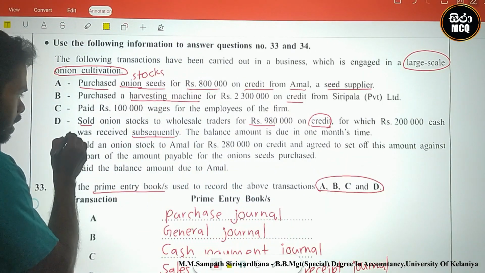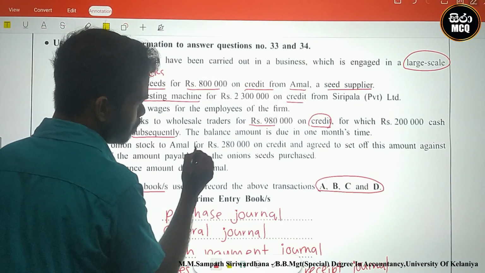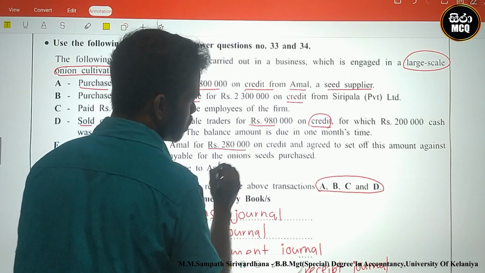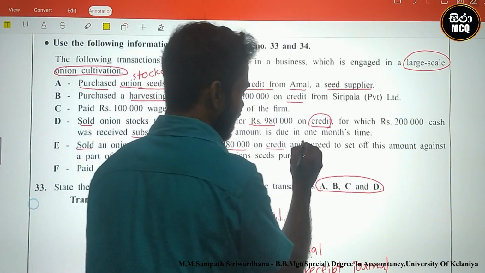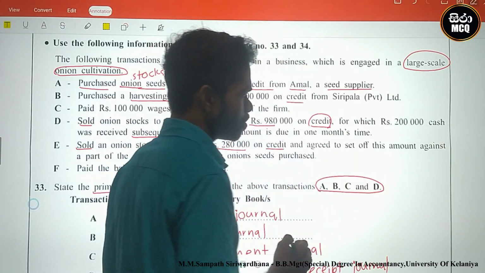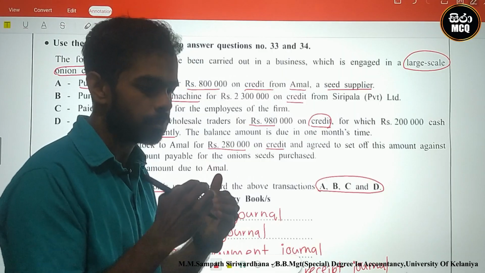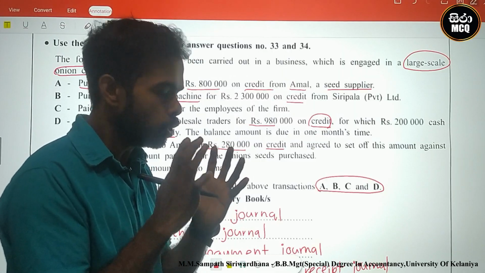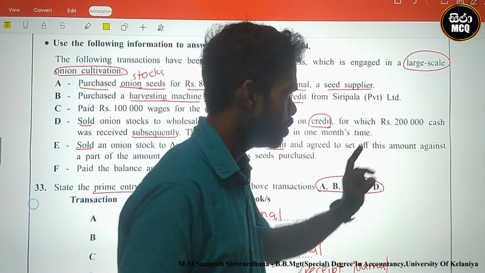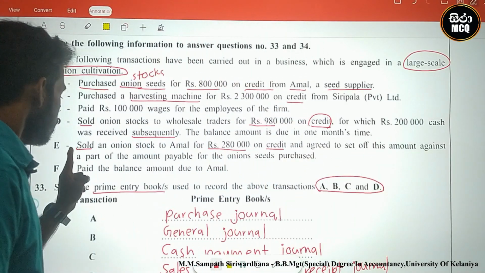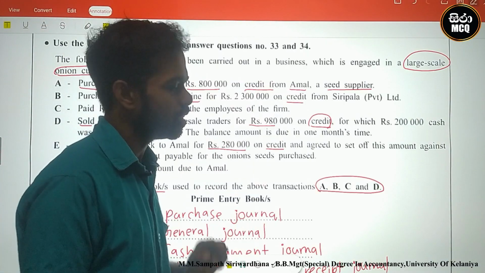Okay, look here, another sale of onion stock to Amal for 280 on credit. There is another credit sale. Agreed to set off. This is a later transaction. Subsequently, it is said they agreed to set off this amount against a part of the amount payable for the onion seed purchase.